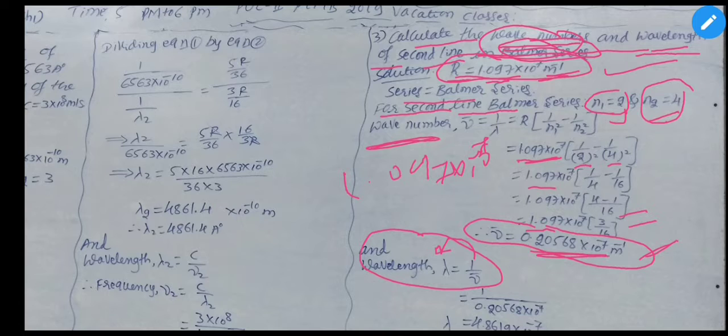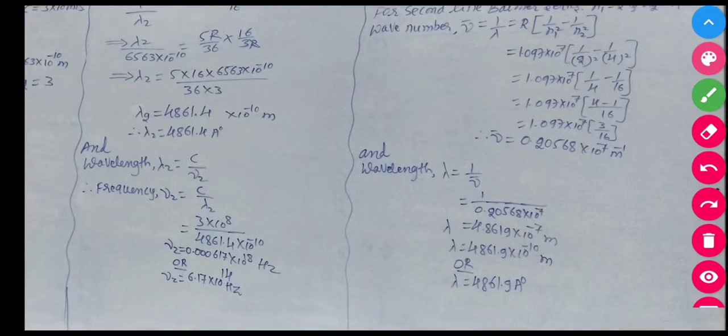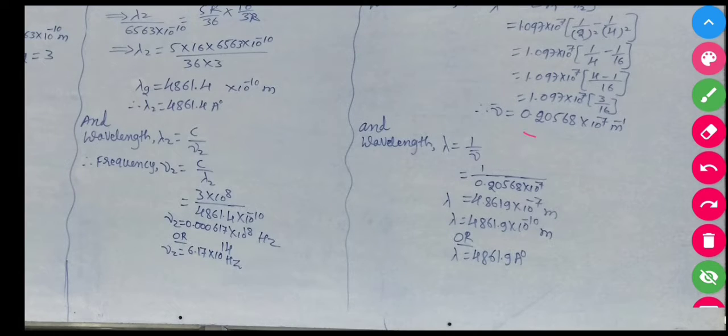If you simplify that, you are going to get the wave number as 0.20568 into 10 raised to 7 per meter. The wave number unit is per meter. Then he has asked not only the wave number but also the wavelength.